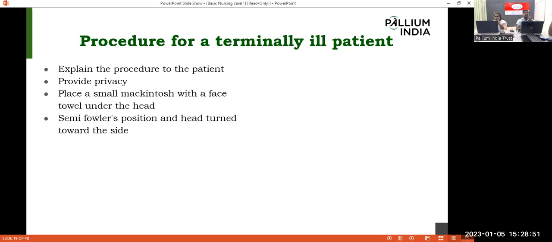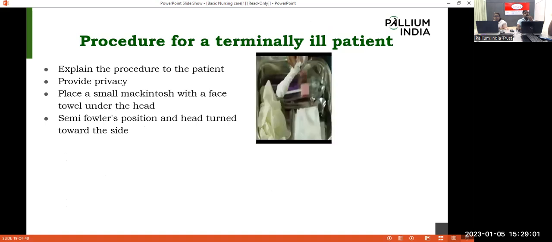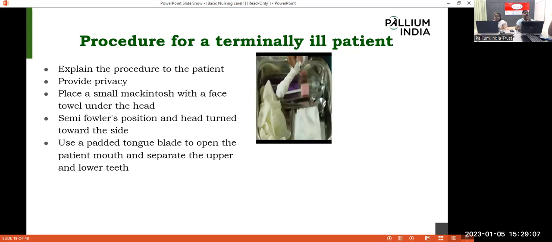Then the steps of the procedure. As with the same procedure, explain the procedure to the patient and the family members. We need to explain what the importance is. Then provide privacy for the person. Then place a small Macintosh with a face towel under the head.